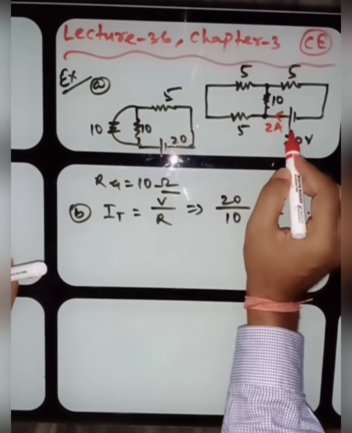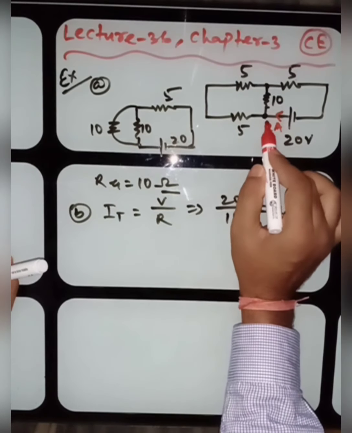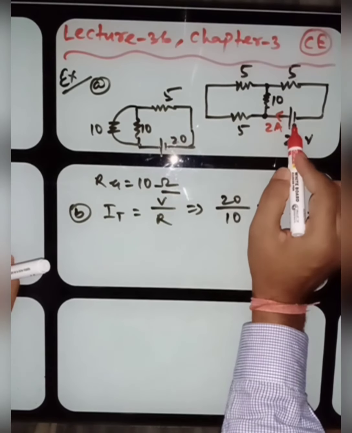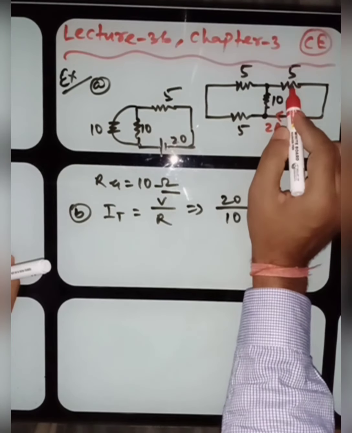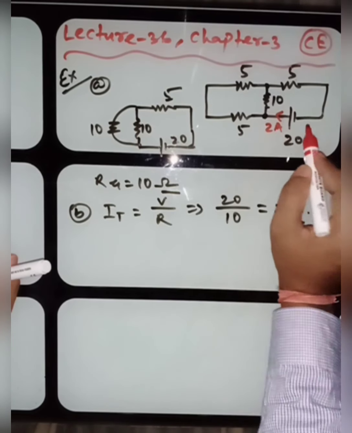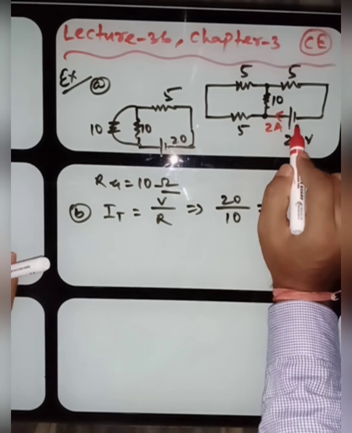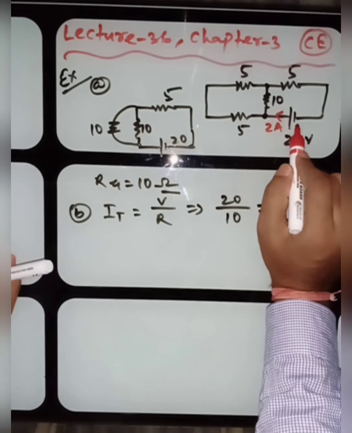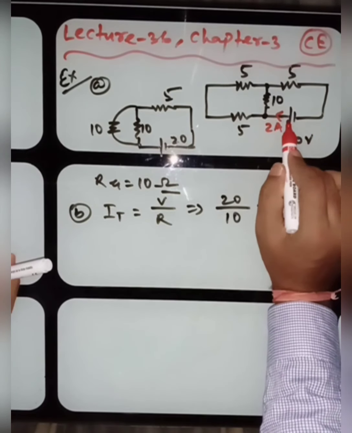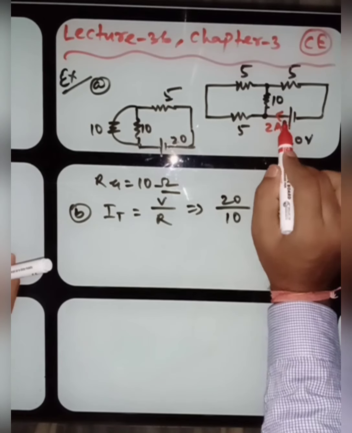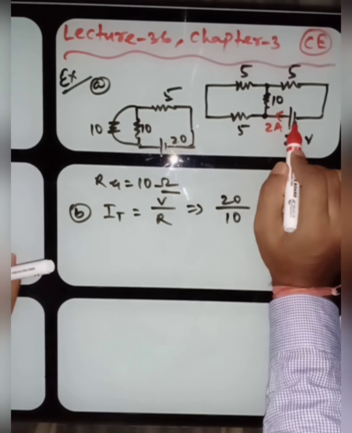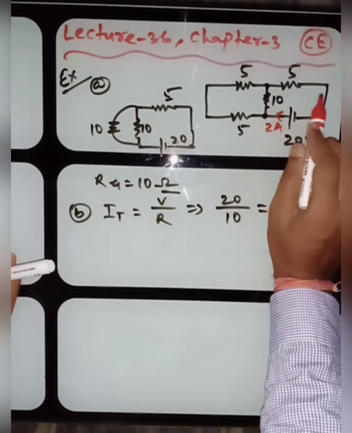Now if the 2 ampere is flowing from here, this resistor is connected in series with this cell, and this resistor will collect the total current, because according to conservation of charge and energy, the cell has to collect again the same current that it left. So this cell is giving 2 ampere, so it will receive the 2 ampere.